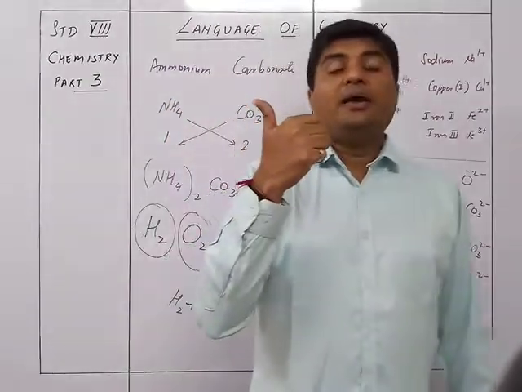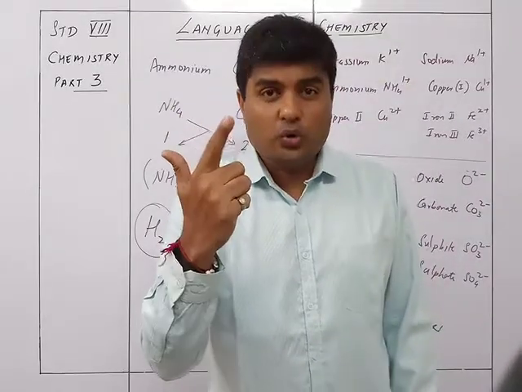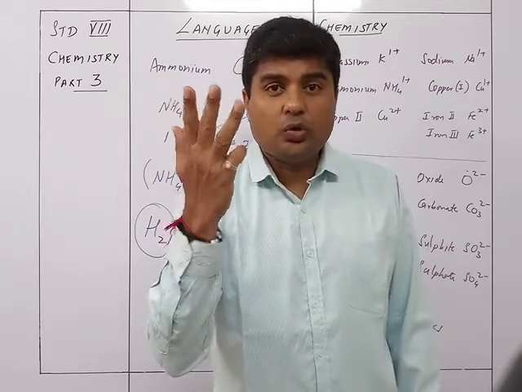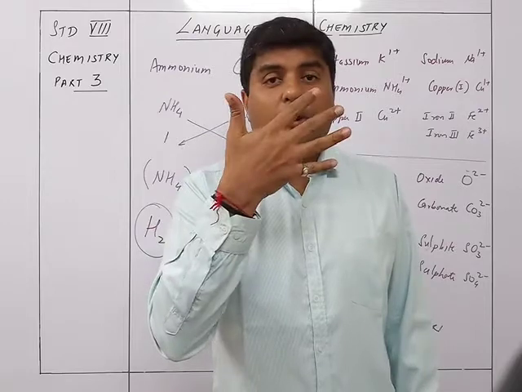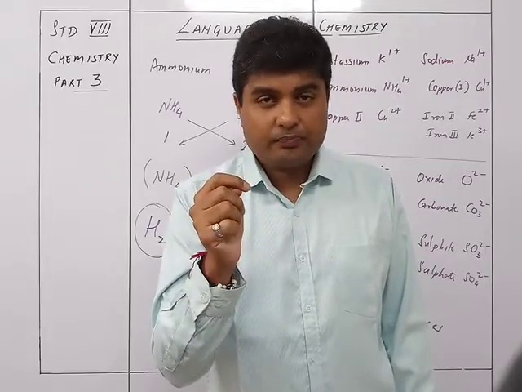So that's why hydrogen will always be H2, oxygen will always be O2, nitrogen will always be N2, chlorine will be Cl2, iodine I2, bromine Br2, and F2 is fluorine.